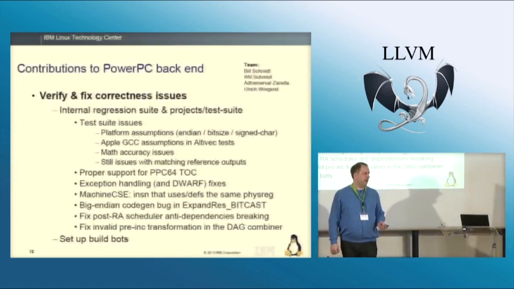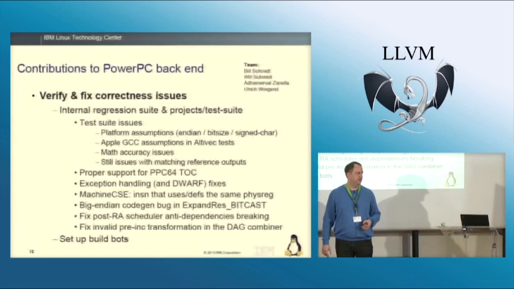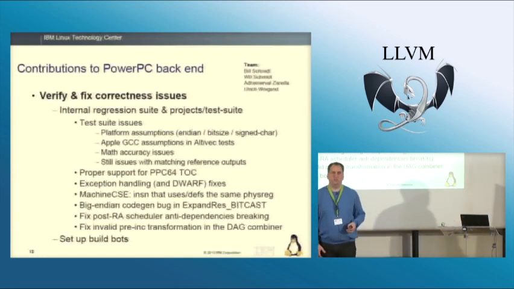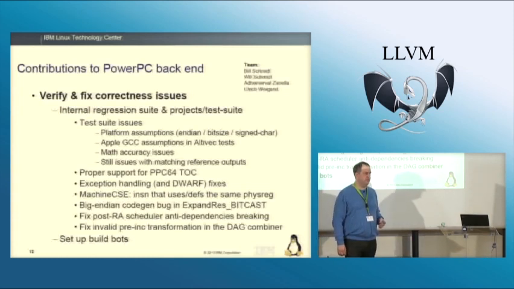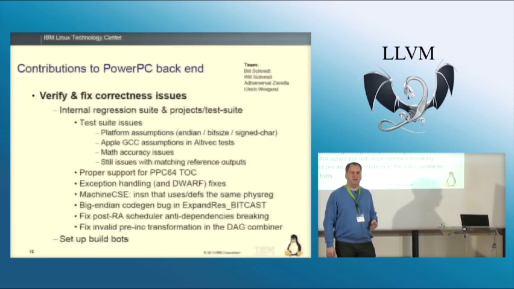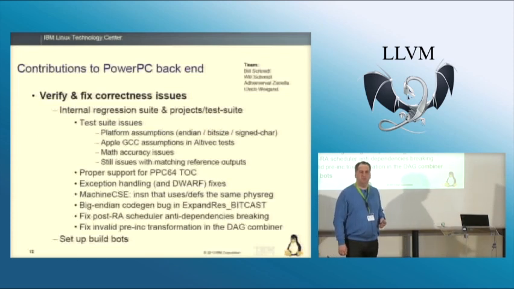We also ran into a couple of interesting bugs around the middle end, which for whatever reason just showed up on PowerPC. One interesting one, which took me a while to find and then get a fix properly implemented and accepted, was where if I had a function doing multiple allocas with the same size, the CSE pass would optimize them into one, because why do you need two of them?